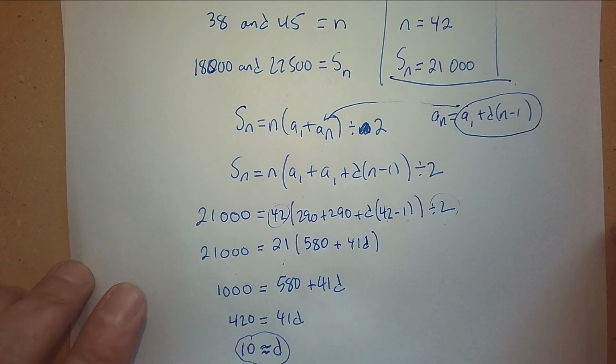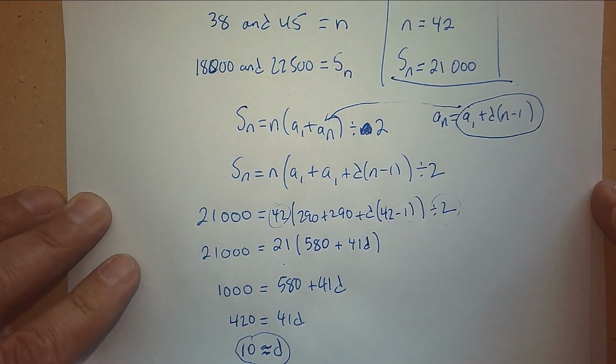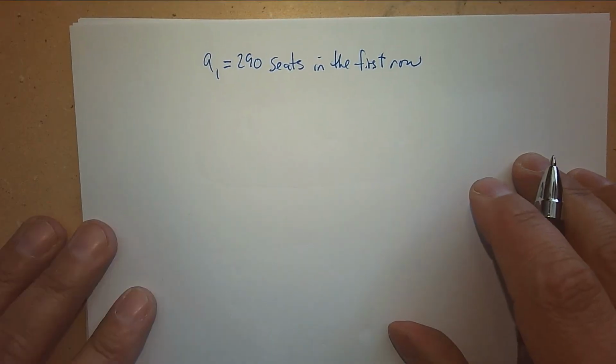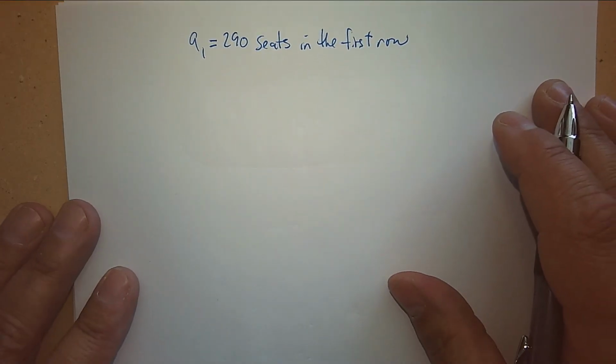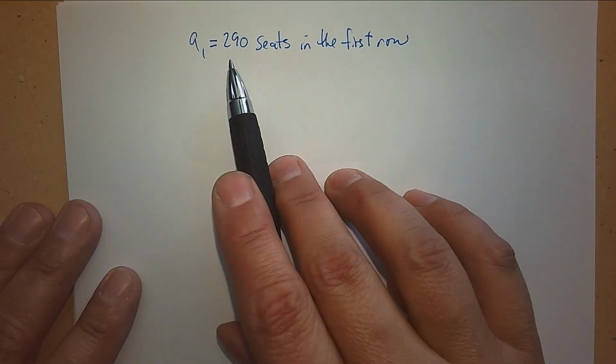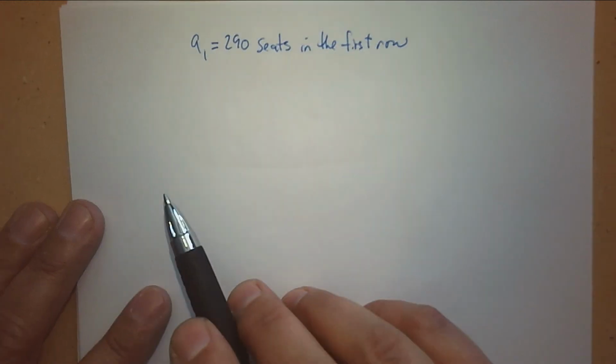All right, I'm going to summarize what I know about my arena. I want you to do the same. My arena now has 290 seats in the first row. Do not copy my number. Use your one right there. My arena has 290 seats in the first row.